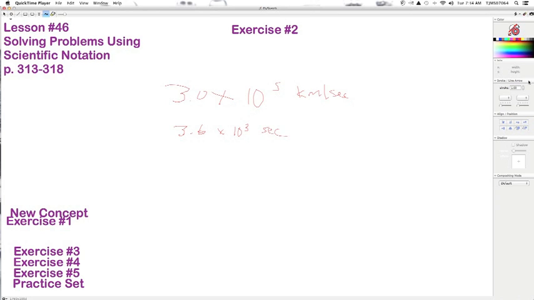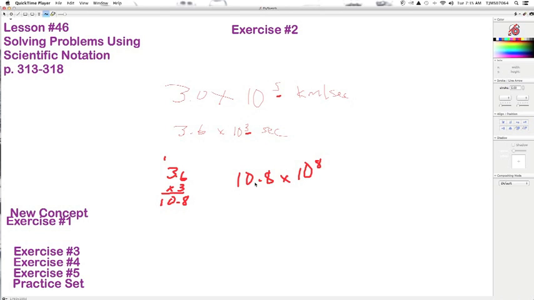I'm going to make this a little bit bigger here. Easier to look at. Let's try that. And then if we multiply those together, 3.6 times 3 is 18, carry the 1, 9, 10, decimal 1 is 10.8 times 10 to the 8th power in kilometers.